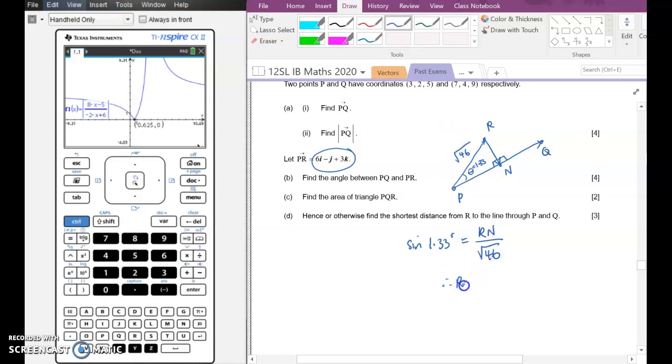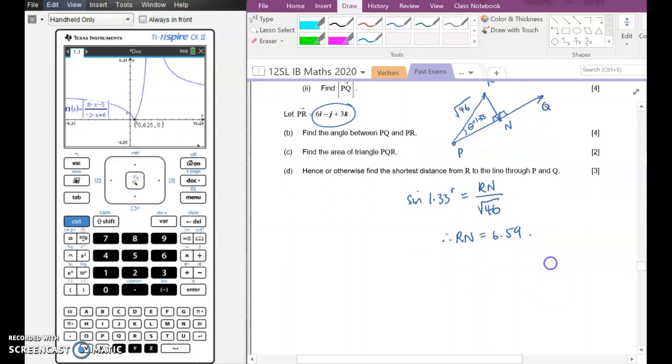And then you just solve for RN, giving 6.59. So that was actually a really clever way around that question. I quite liked it.